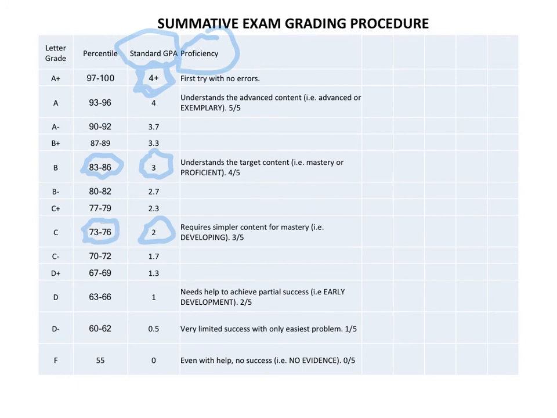Then 2 out of 5 correct would mean early development. That's only a grade of 1 or a 65, which is a D. It's just passing, barely. Then all the way down here, if you had 0 correct of the 5 questions, you show no evidence of mastery. This would correspond to an F. But notice, on the 100-point scale, this corresponds to a 55.